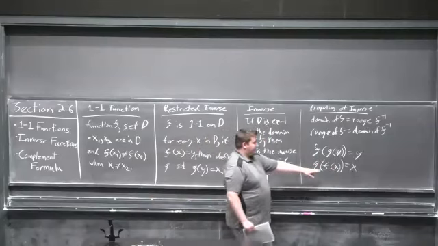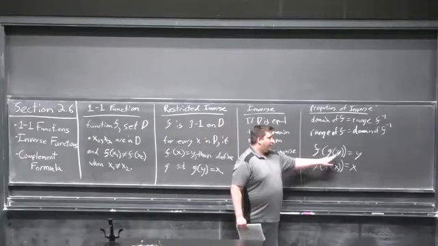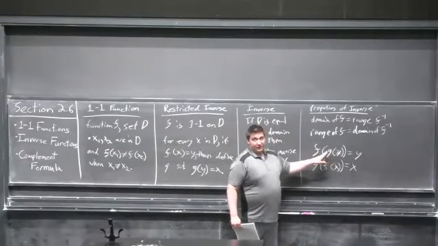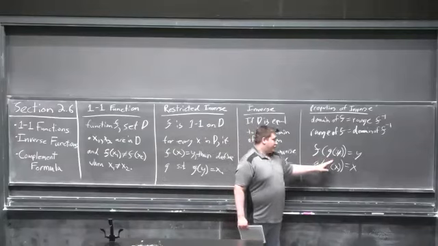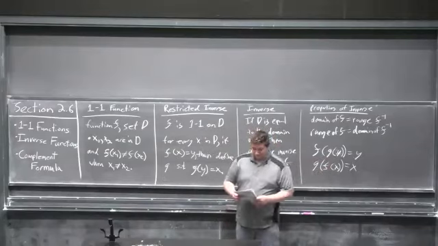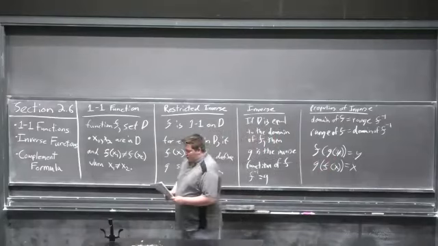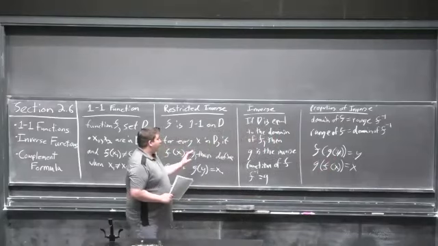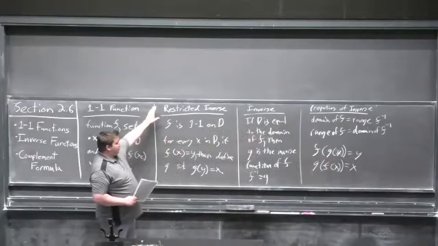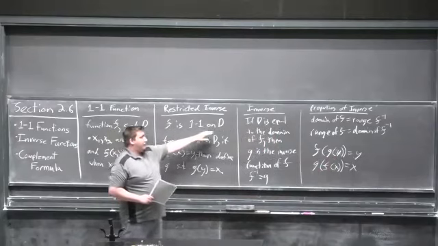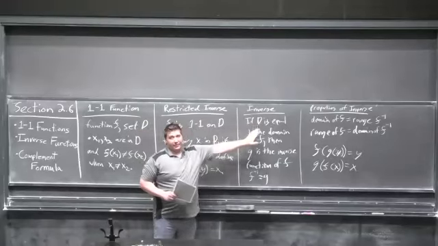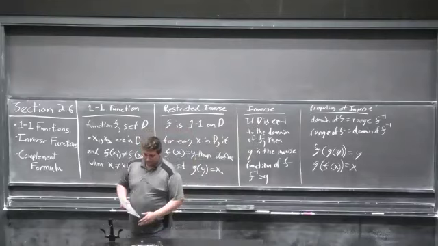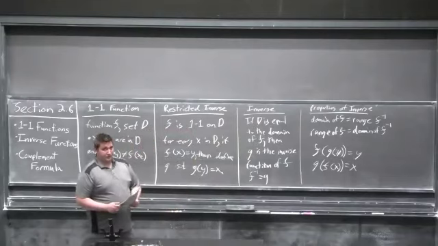So x is within the domain of f, y is within the domain of g, or we could also think of y being in the range of f. Again, what's important to note is that the restricted inverse is when we just have a piece of the domain, and an inverse is when D is the entire domain, so the entire function is one-to-one.